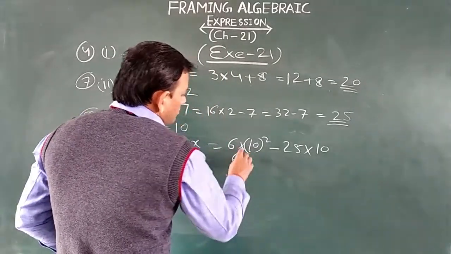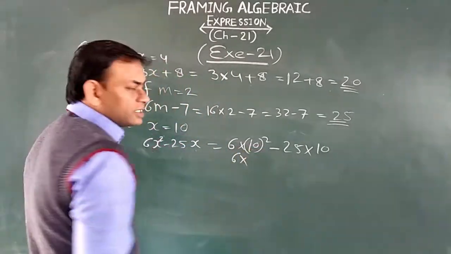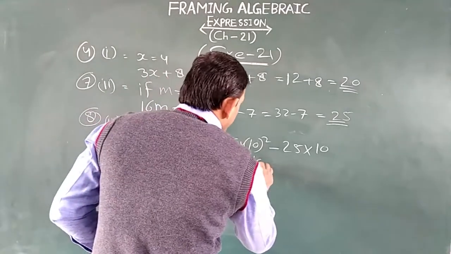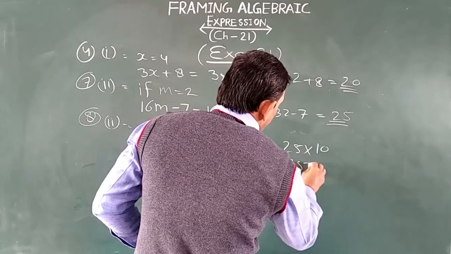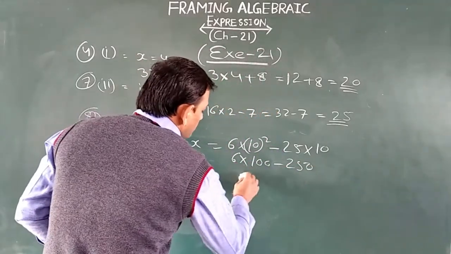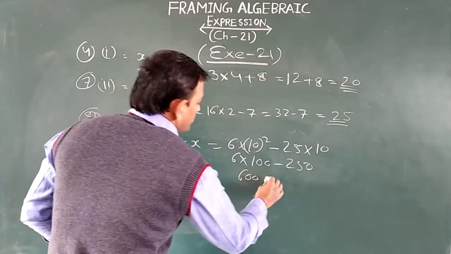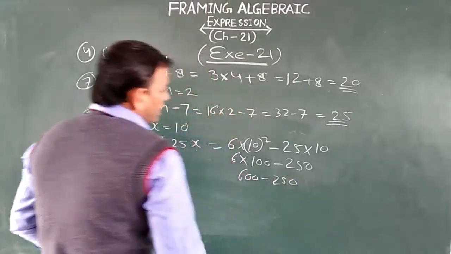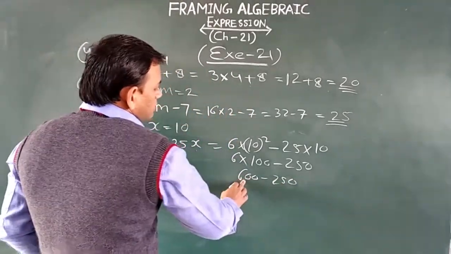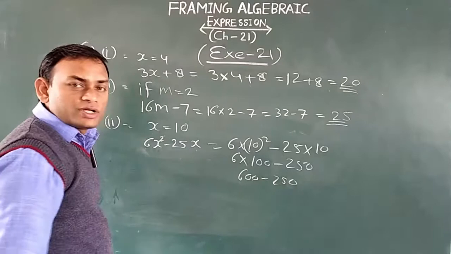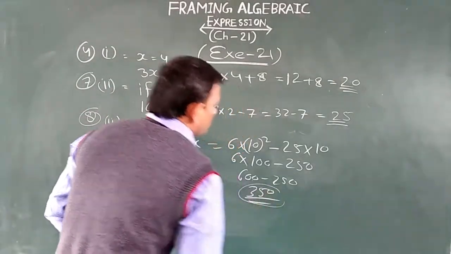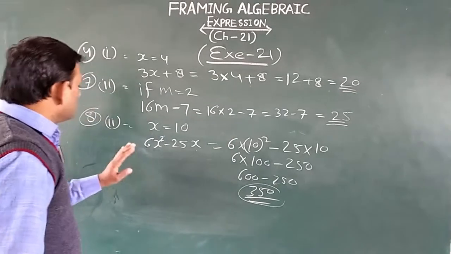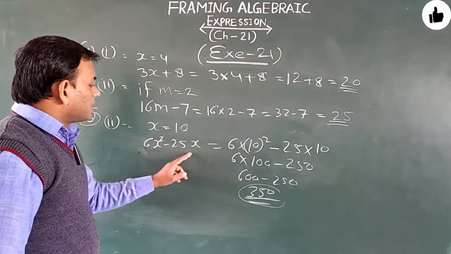Now 6 multiply by 10 square, 10 square will be 10 into 10, 100, minus 25 into 10, 250. Okay. So it will be the 600, 6 into 100, 600 minus 250. And when you will subtract the 250 from the 600, it will be the 350. So 350 is the answer of the 6x square minus 25x.